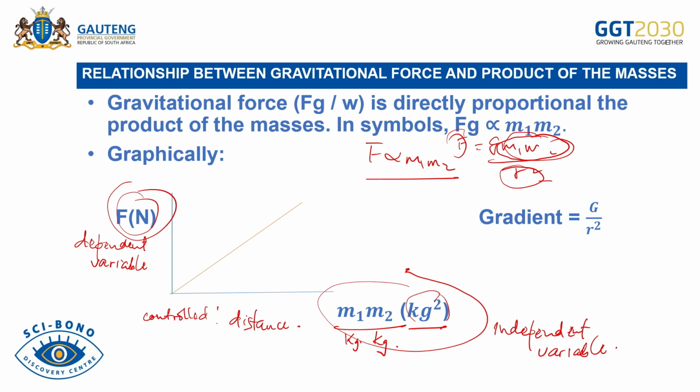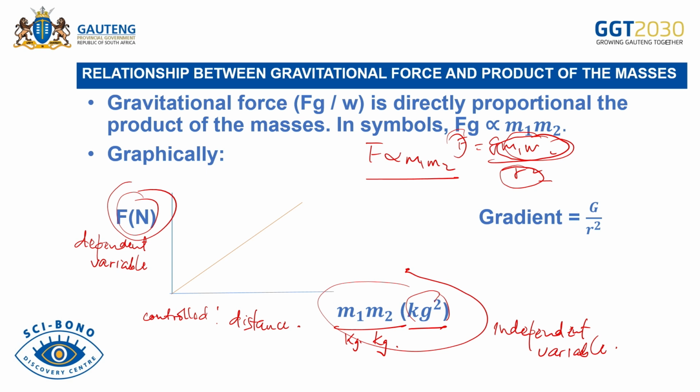Very, very important. When it comes to physics, the secret for graphs, besides asking you for the dependent, independent and controlled variables, is the area and the gradient. You'll find scenarios where there is a physical quantity represented by the gradient.